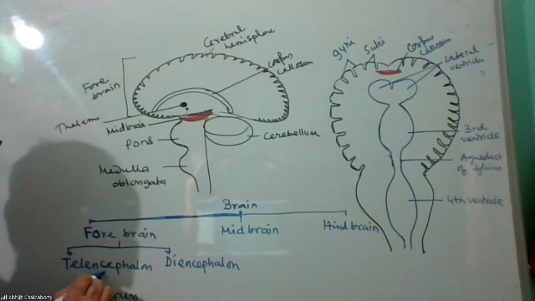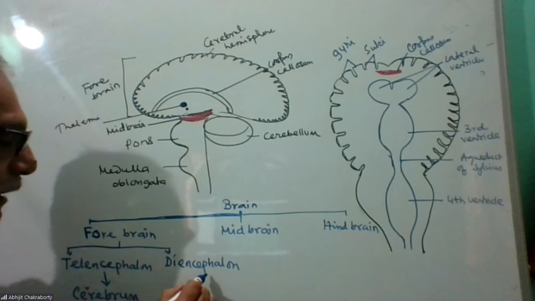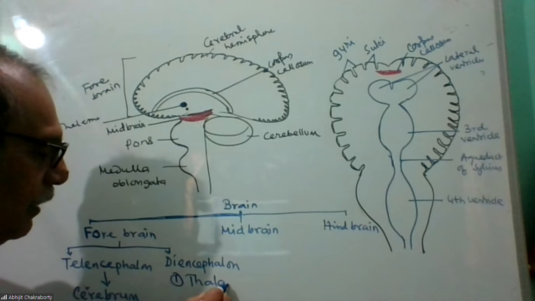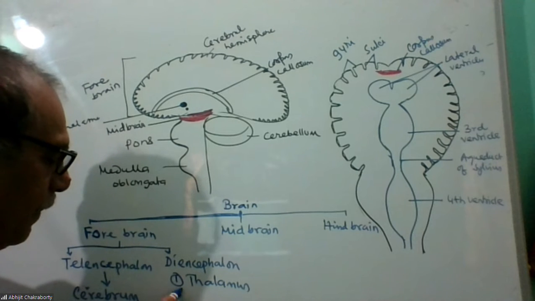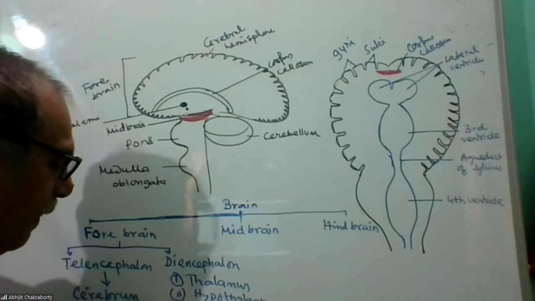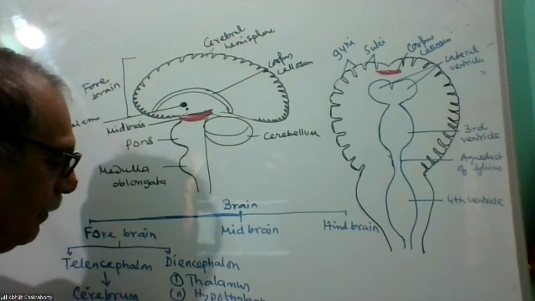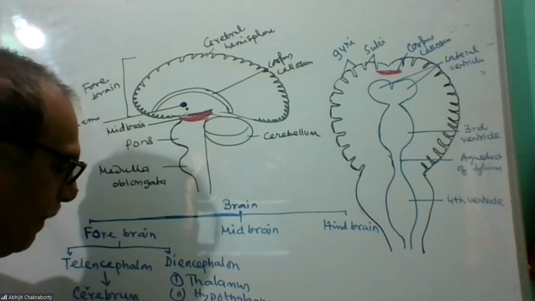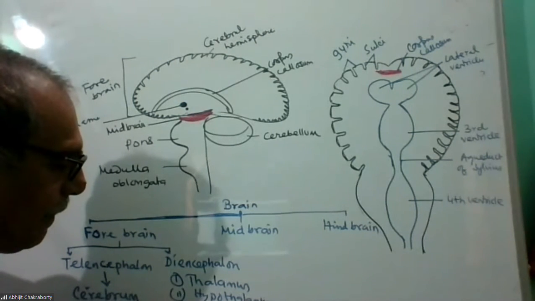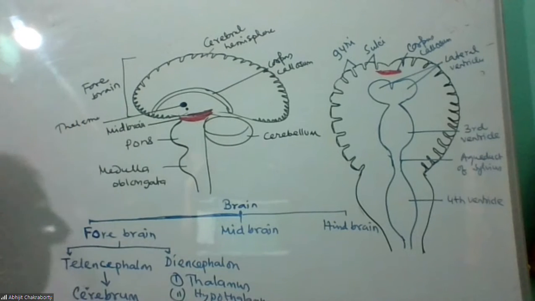So I'm showing you cerebrum, and diencephalon includes thalamus, hypothalamus, epithalamus, and metathalamus.